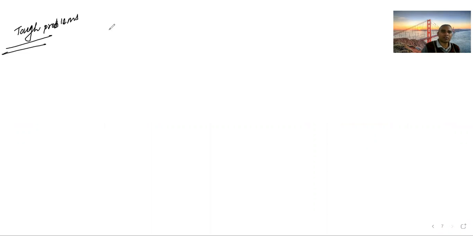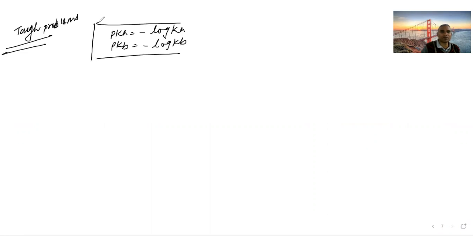Firstly, I'm writing pKa is equal to minus log Ka and pKb is equal to minus log Kb. This we need to apply in this question. That is why I'm giving you.